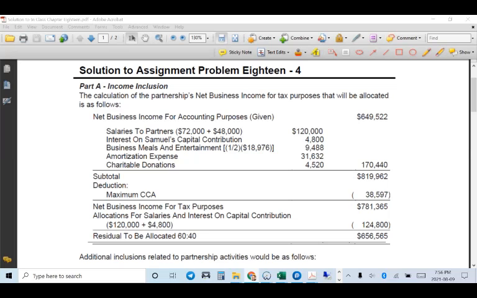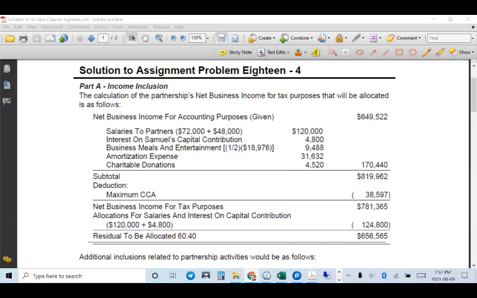Now it says the components of their partnership agreement dealing with income allocation are as follows. There's a spot right there in the middle that tells you how the income is going to be allocated, and you'll notice that it specifically mentions business income, capital gains, and dividends. Those could be the same or they could be different.